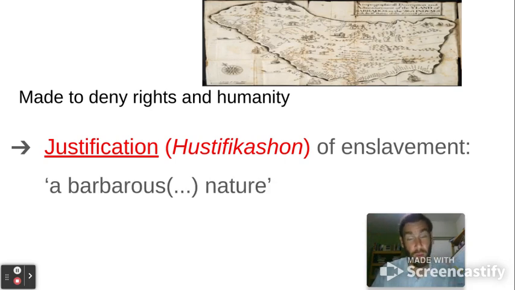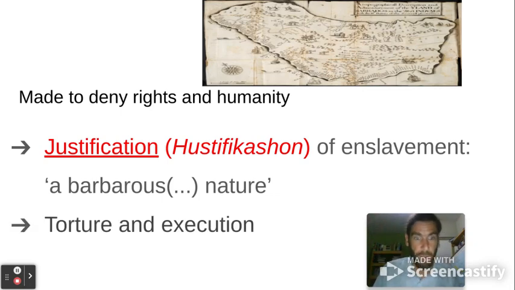One is that some philosophers and thinkers from Europe said these people have a barbarous nature, and that's why we can enslave these people. They are different from us. Othering them, we also call it. And because a lot of thinkers, philosophers and writers from Europe said these people are different from us, they have a barbarous nature.